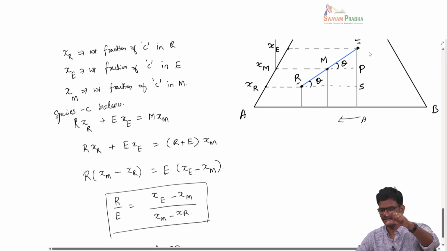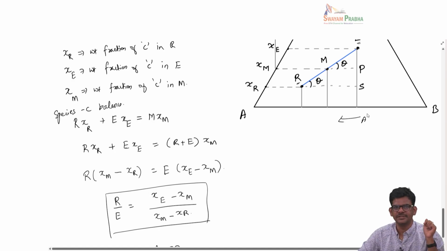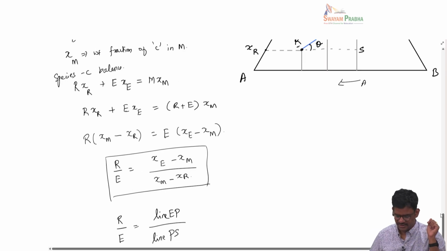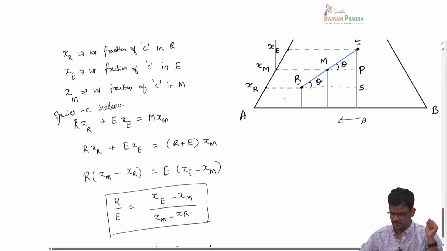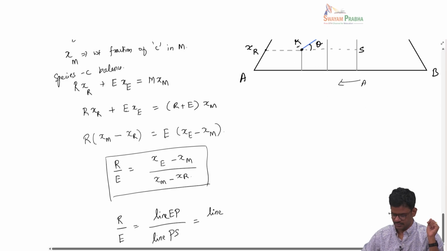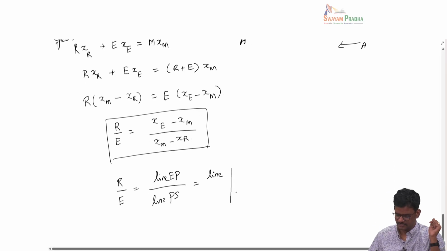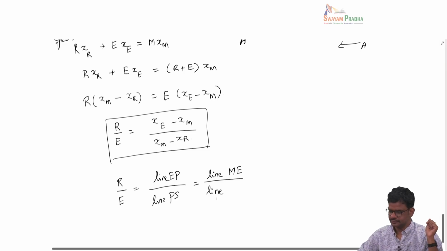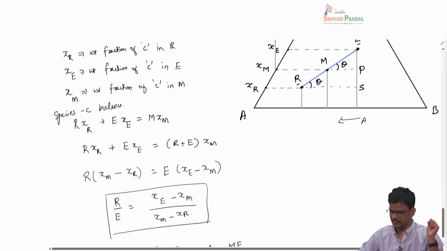So these are the vertical lines EP and PS. And if you want to write this further down, you can also say this is nothing but line ME by line RM.